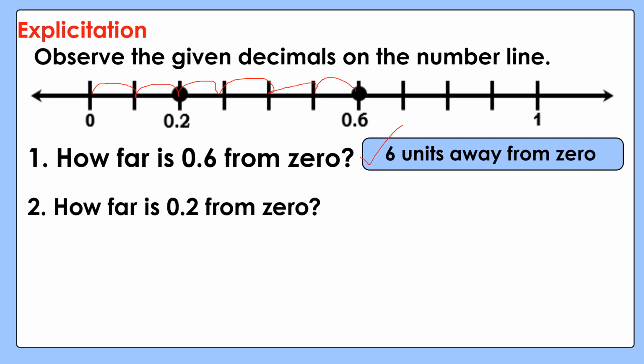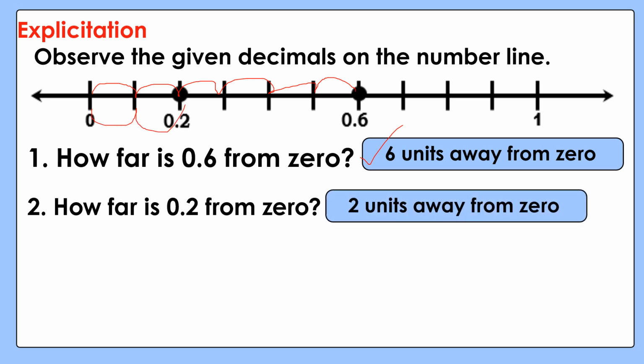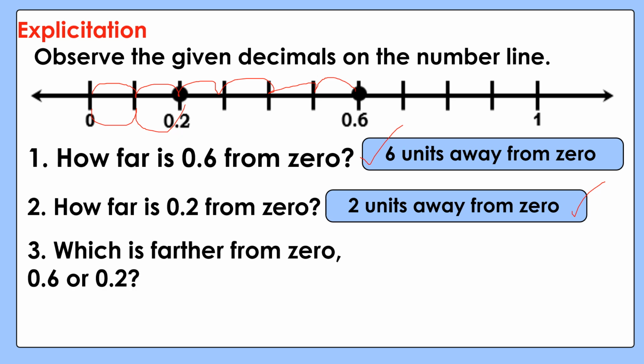Number 2, how far is 0.2 from 0? Let's check. 1, 2. Therefore, the answer is 2 units away from 0. Therefore, the answer is correct. Number 3.